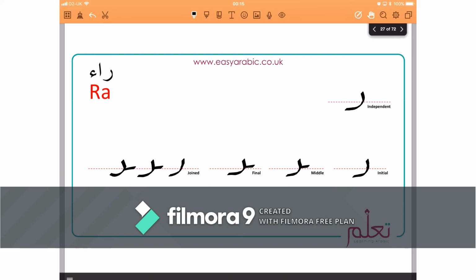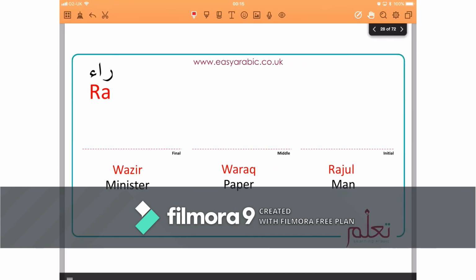Okay, so looking at some examples, so we start with the rajul. We have the ra, then we have the jim, and then the lam. Rajul, rajul.